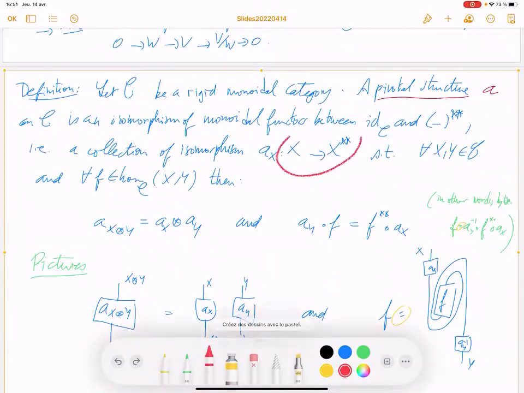If you have a pivotal structure, you at least have a weaker version of that: every object is isomorphic to its double dual. But we will see in the next section that this is true for finite semi-simple multi-tensor categories. But I guess it's not true in general, so we should be careful.